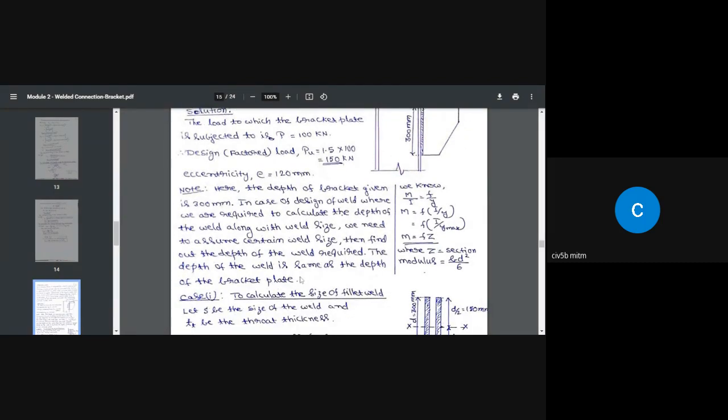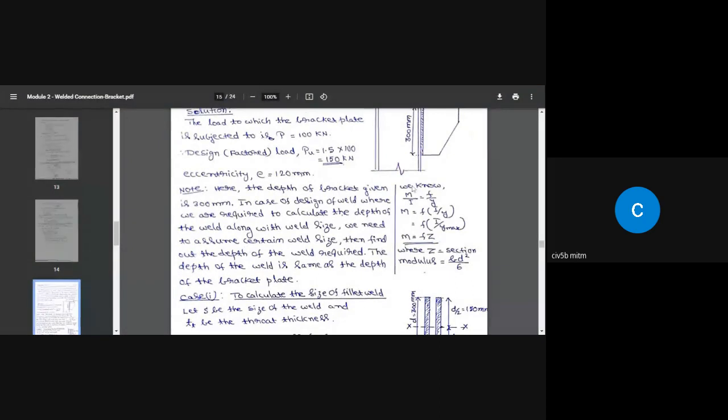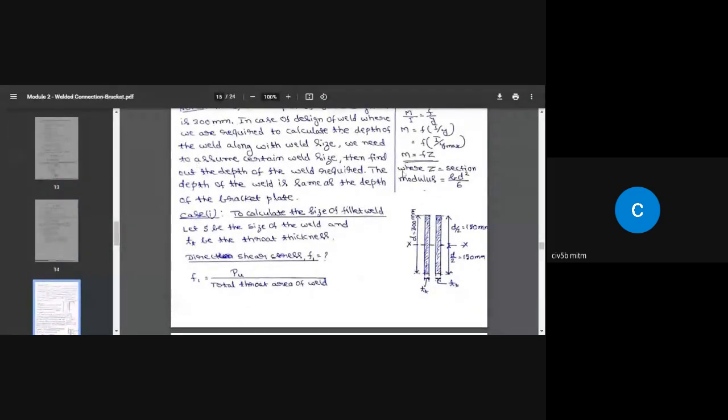The one thing we are going to assume is the weld size. That way we'll end up with the depth of the bracket as the unknown. Then we can find out the depth of the bracket required to accommodate that size of weld. Okay, that's the meaning of the note.